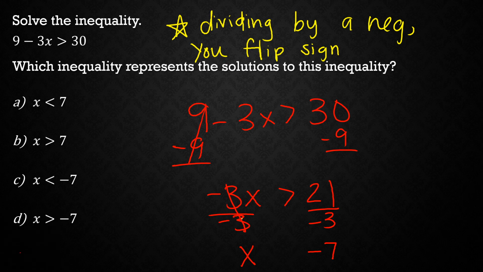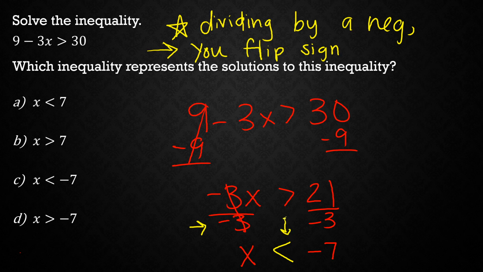But because I divided by a negative here, this rule comes into play. And what I mean by flip my sign is originally my inequality sign is pointing towards the right. I'm going to flip it so that it's going the other way.